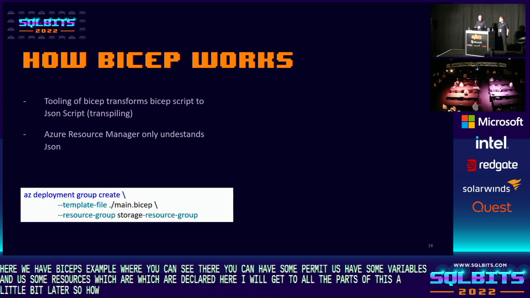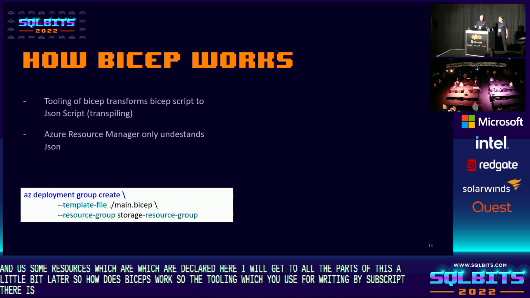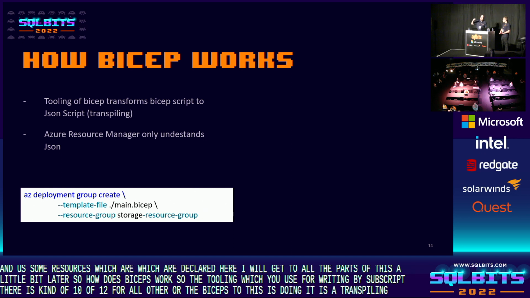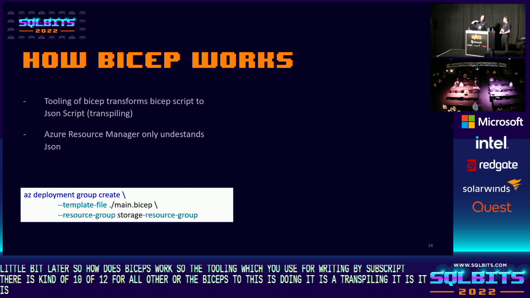So how does Bicep work? The tooling which you use for writing Bicep scripts, the Bicep tool, is transpiling. It is creating a JSON script from your Bicep script, and you can do it vice versa.